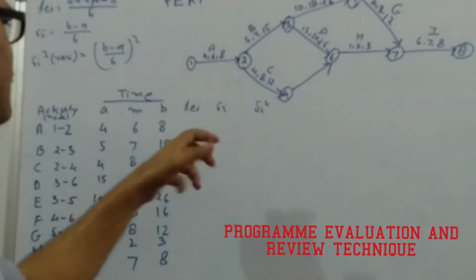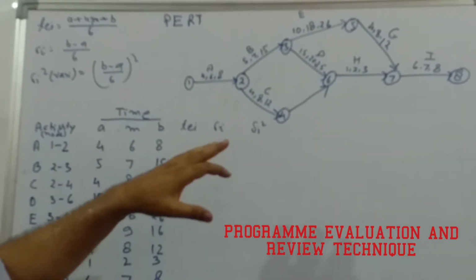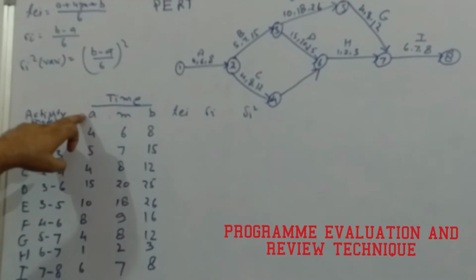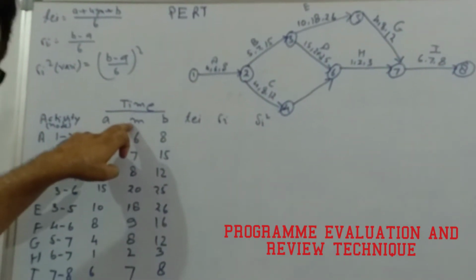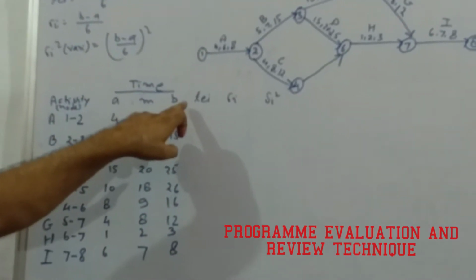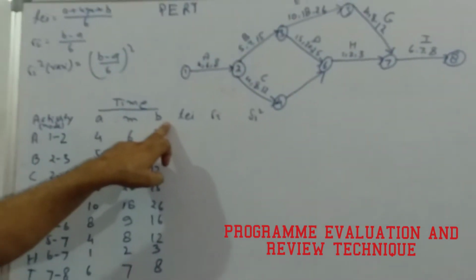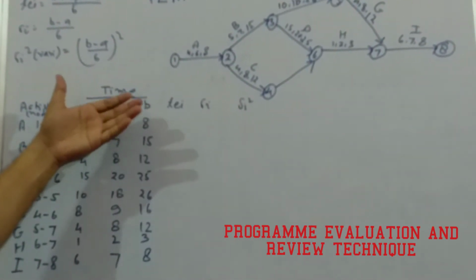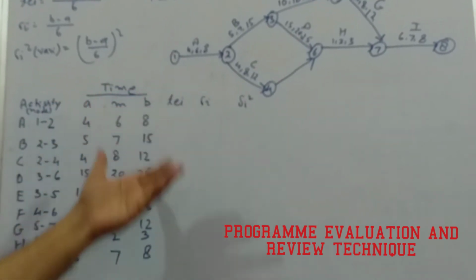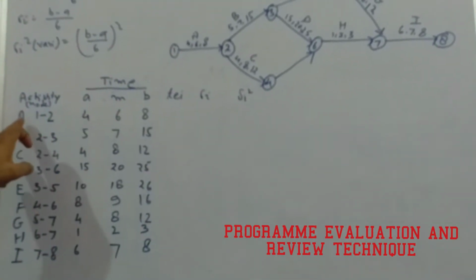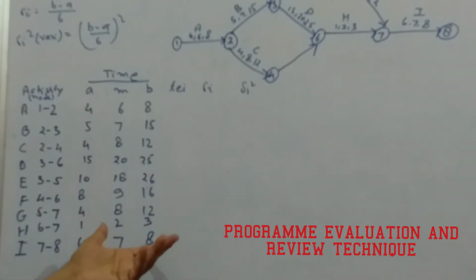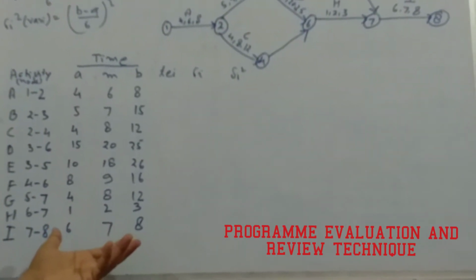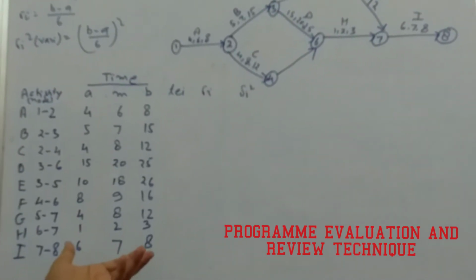So normally these three types of times, that is A, optimistic time, M, most likelihood time, and B, pessimistic time, information regarding time about a particular activity will be given. If such a time frame is given, then it indicates that we will apply PERT.